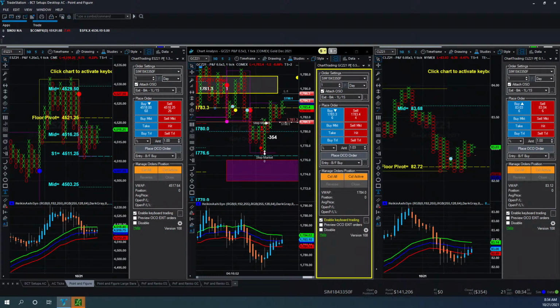Crude is moving to the upside as well. It failed to break this. It's 83.03 now.